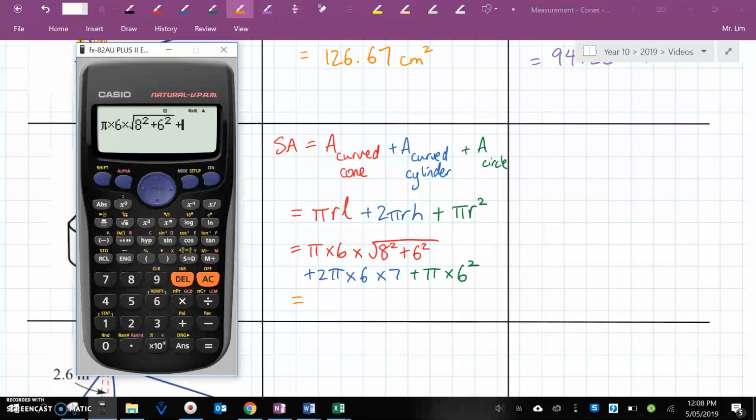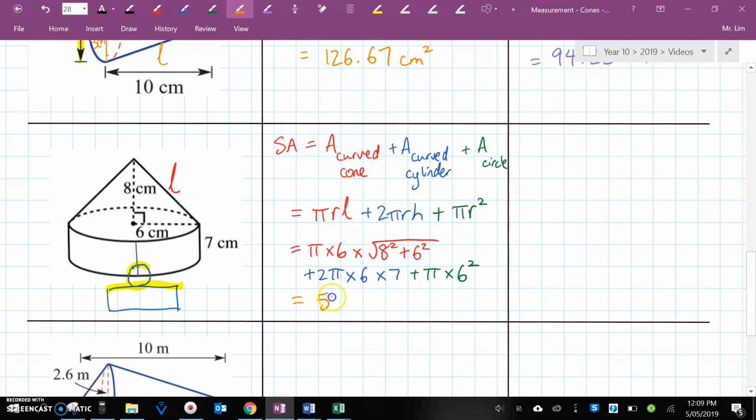Then we're going to add 2 pi times 6 times 7. That's the curved section of the cylinder. Plus pi times 6 squared. That's the area of the base, which is a circle. 565.49 centimeters squared.